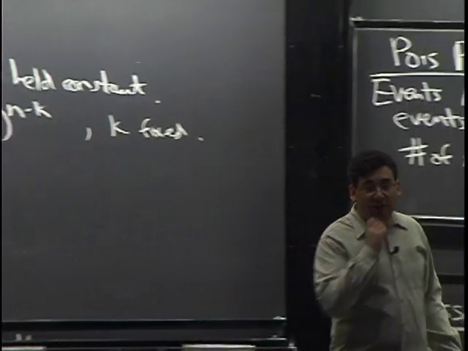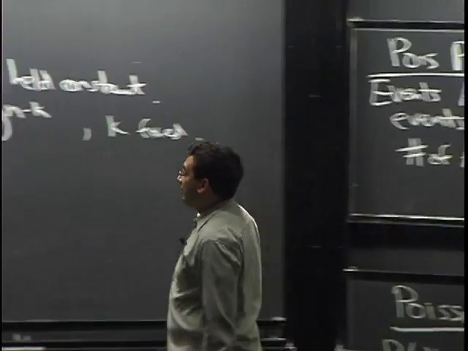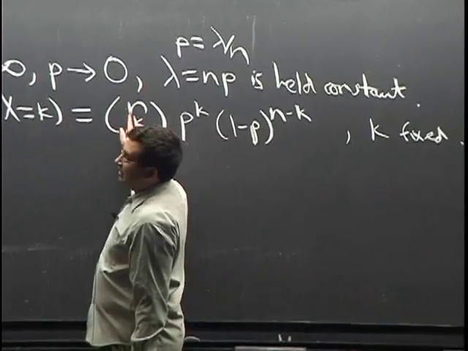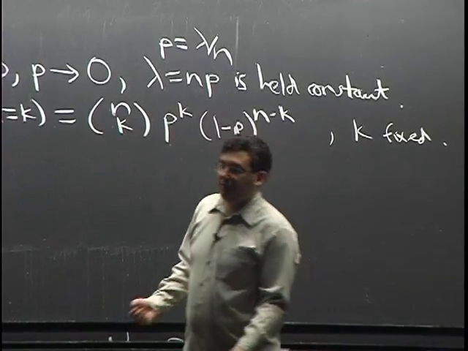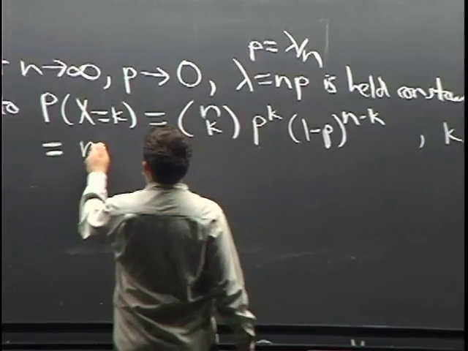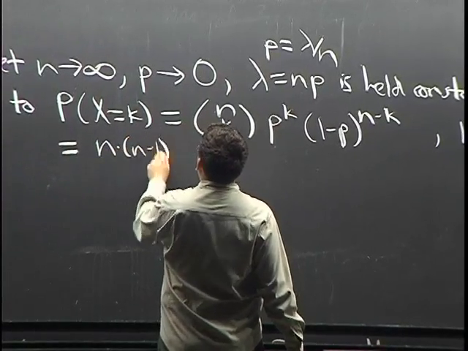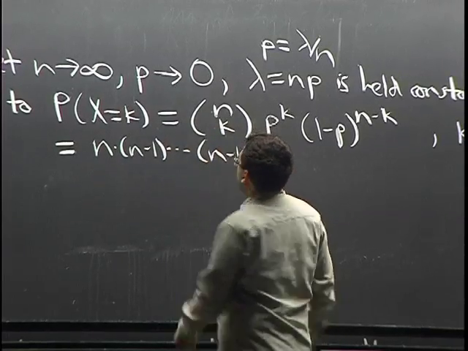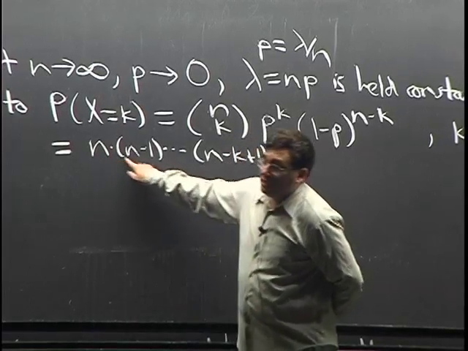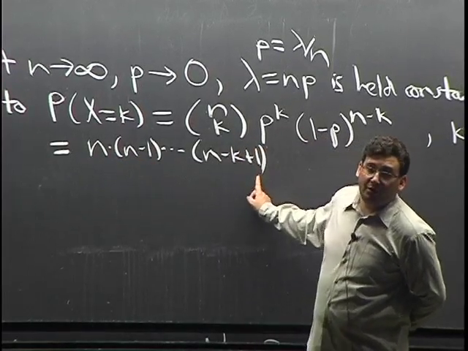And let me also write n choose k a different way. n choose k is the number of ways to choose k people out of n where order doesn't matter. So that's the same thing as n times (n minus 1), blah, blah, blah, (n minus k plus 1). That would be choosing a committee in a certain order, where order matters.